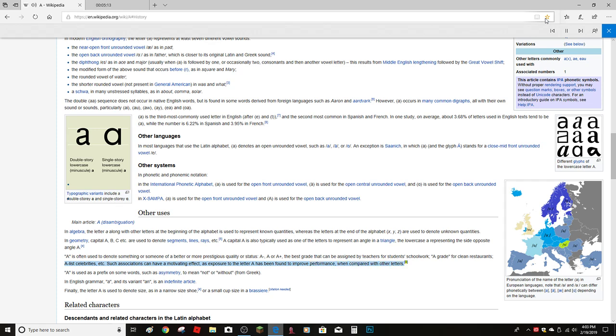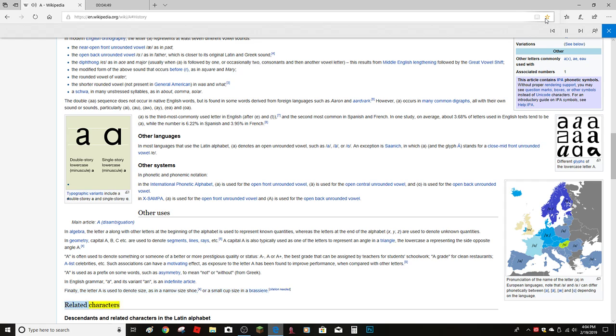A is used as a prefix on some words, such as asymmetry, to mean not or without, from Greek. In English grammar, A, and its variant an, is an indefinite article. Finally, the letter A is used to denote size, as in a narrow size shoe or a small cup size in a brassiere.